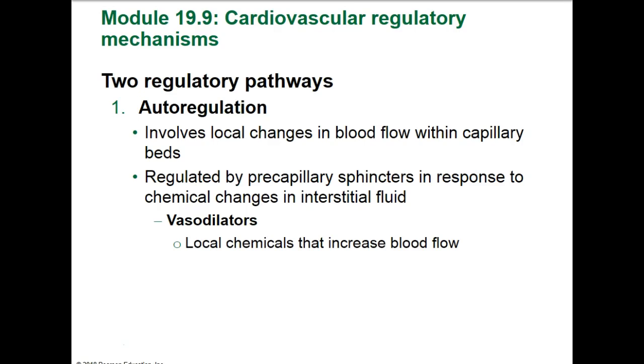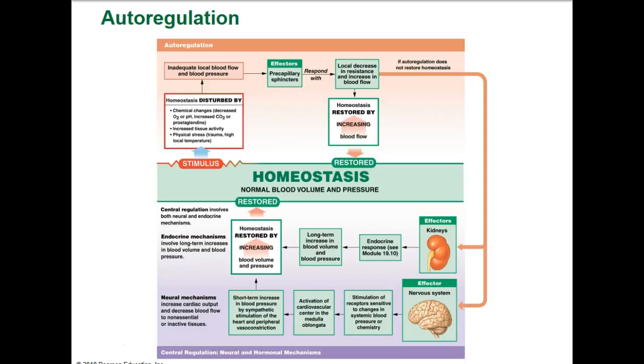So the chemicals in this area that increase blood flow are called vasodilators. And this chart shows these homeostatic mechanisms in play. It kind of shows both sides of autoregulation.